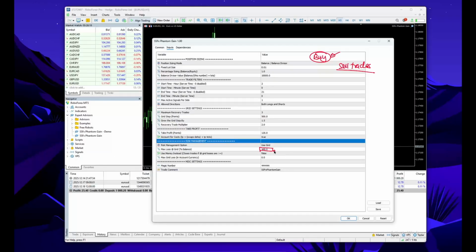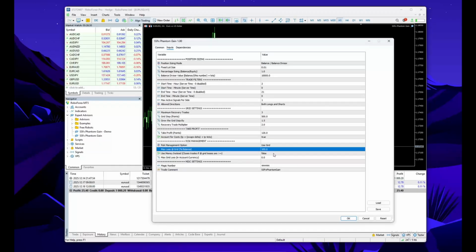In this case, it's set to 100, which implies that it will let your balance lose 100%. I definitely recommend changing this based on your preferences. In this case, I'm risking an amount that I'm comfortable to lose, but you can limit this to 50%.